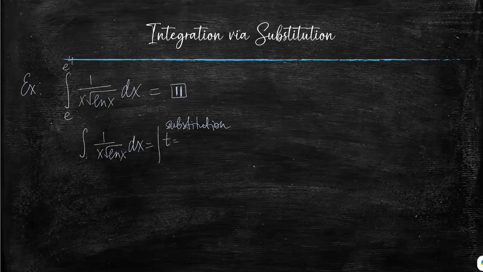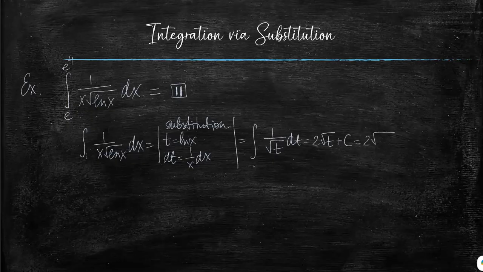What's the substitution? t is equal to ln x, dt is equal to 1 over x dx, and then this integral now becomes 1 over square root of t dt. It becomes 2 square root of t plus c, and it becomes 2 square root of ln x plus c. So you can do that. And when you find the antiderivative using substitution, you can then unpause your solution.